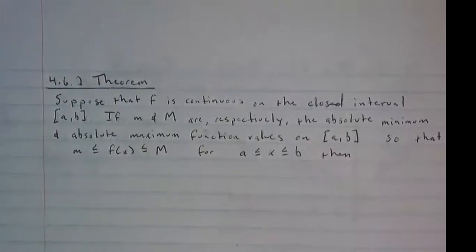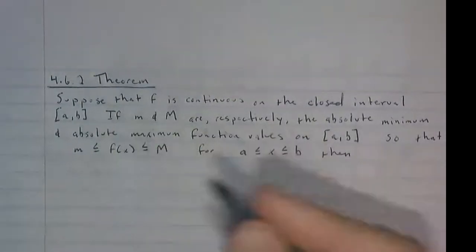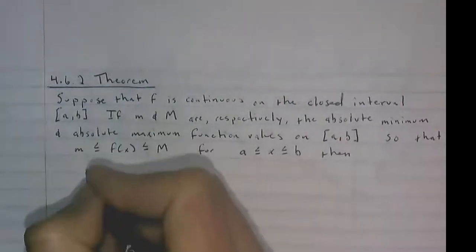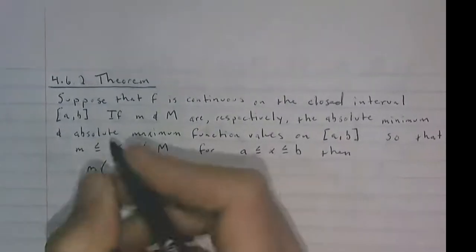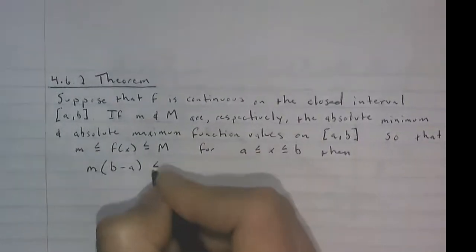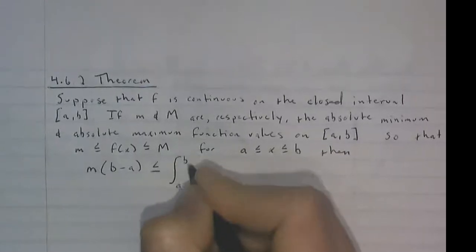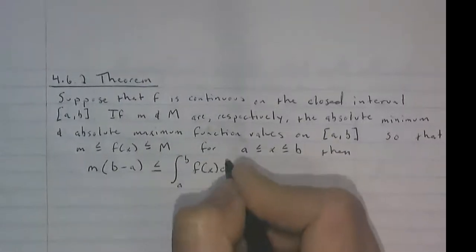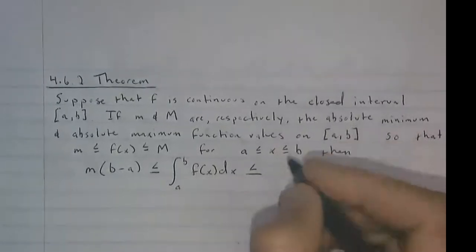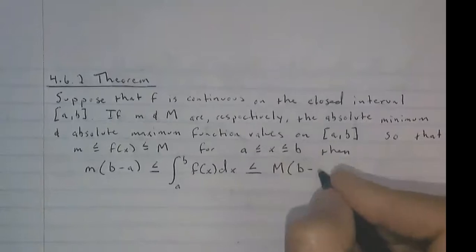Well, if that is true, then the following inequality is true. The minimum times b minus a is less than or equal to the definite integral from a to b of f of x dx, which in turn is less than or equal to the absolute maximum times b minus a.